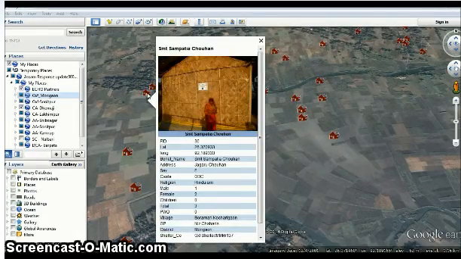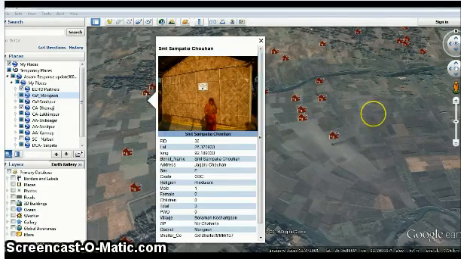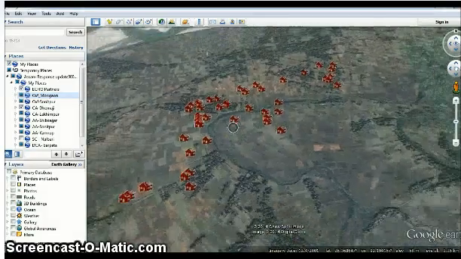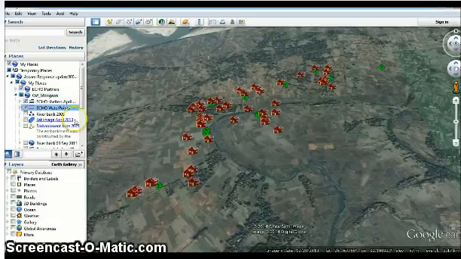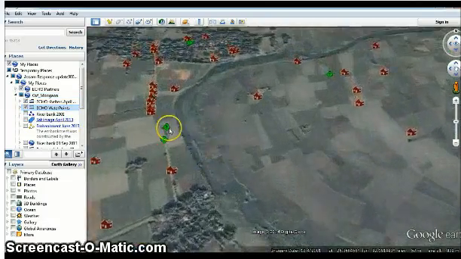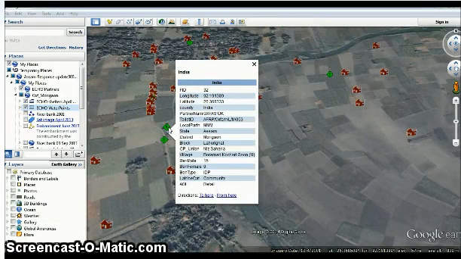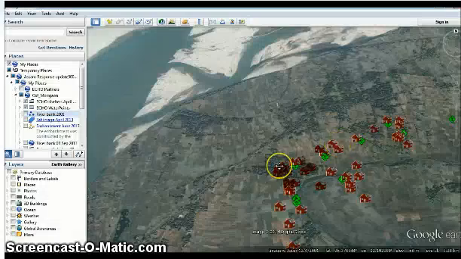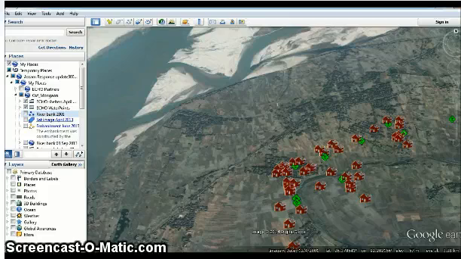In this way, all about 1,000 shelters were captured in this map. They also created a few fuel points or water points, which show the exact location of the water points along with the basic information.